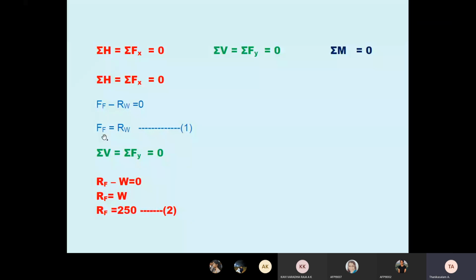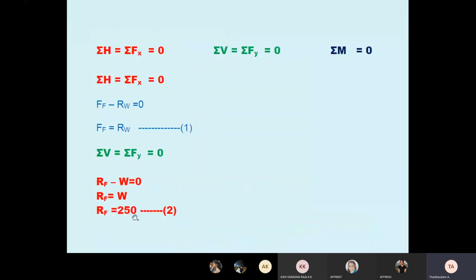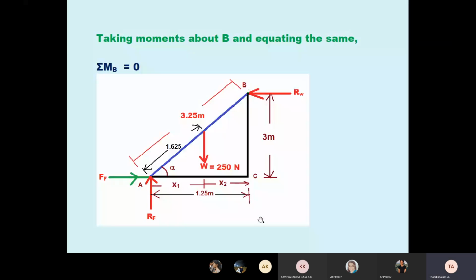Therefore FF, the friction at the floor, equals RW, equation 1. Then summation of V equals 0. What are the forces in the vertical direction? RF minus W, 250, equals 0. Therefore RF equals 250 Newton, equation 2. Now, taking moment.